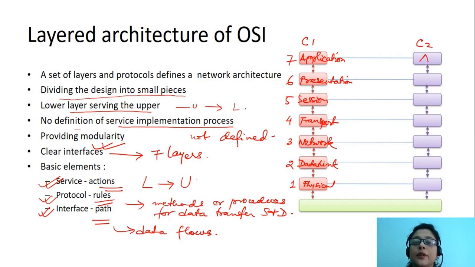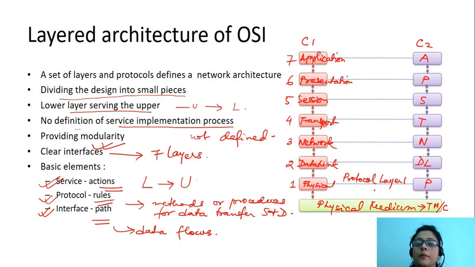Here also we have application layer, presentation layer, session layer, transport layer, network layer, data link layer and the physical layer. Now, physical layer is directly connected to the physical medium. This is the transmission medium or the channel through which the data moves. Now, this physical layer of computer 1 has protocol to be followed for layer 1.